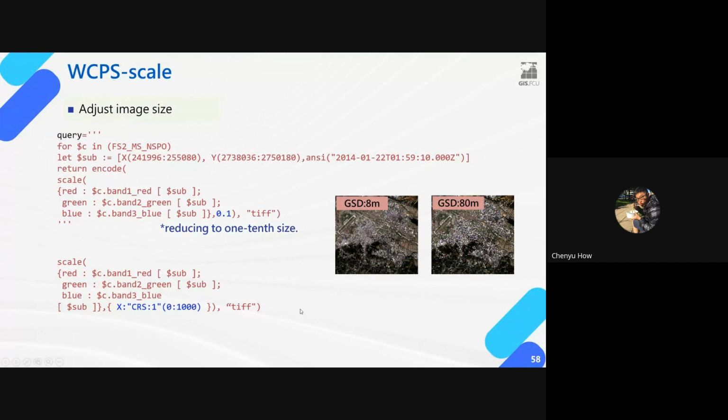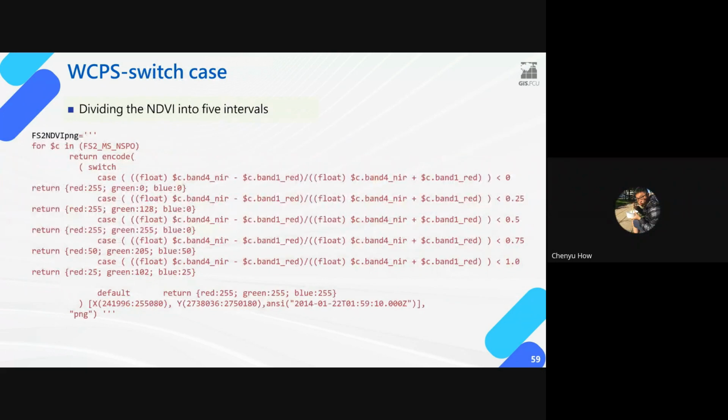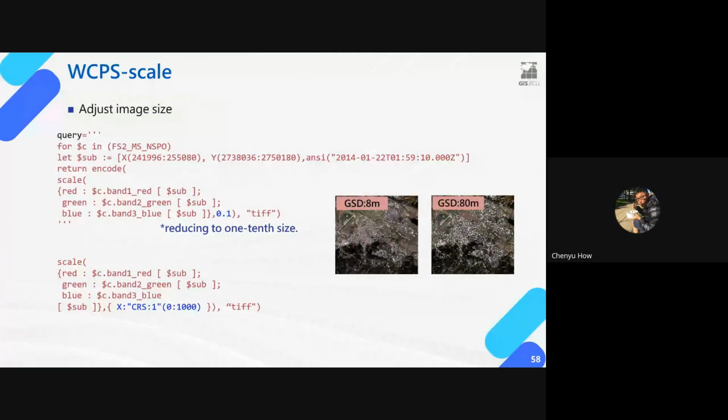In this process, we are reducing the image dimension to 1/10 of the original size, and we are adjusting the x-axis dimension to 1000 pixels while maintaining the original proportion in the y-axis.